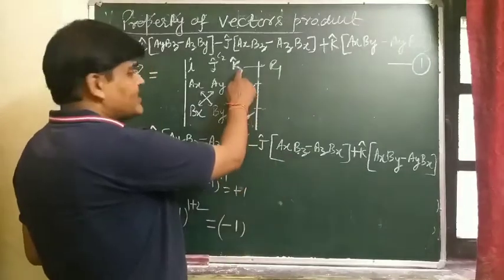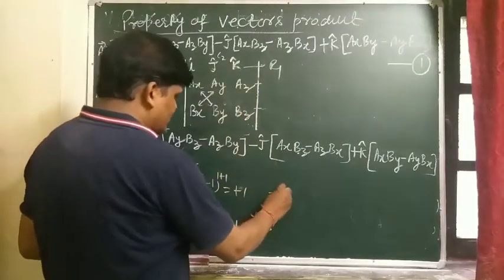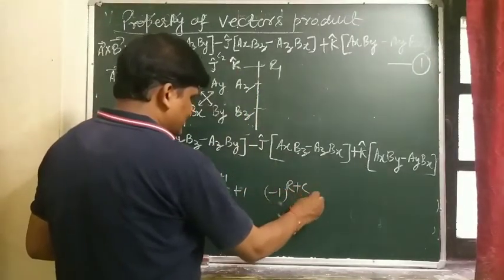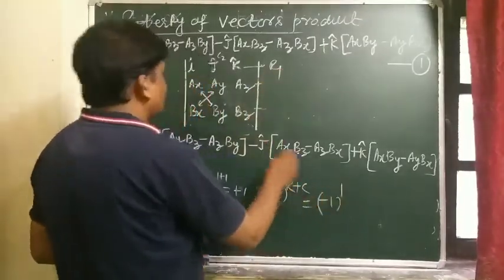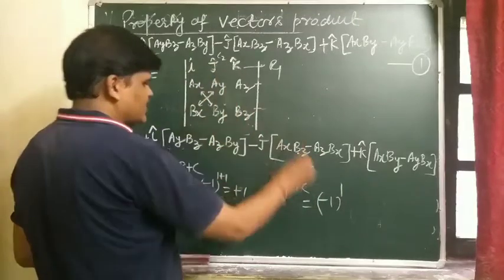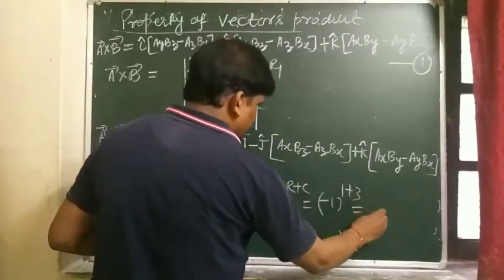Next, when K is taken, minus 1 to the power R plus C for K. R is first row, column is C1, C2, C3, so 1 plus 3, so plus comes out.